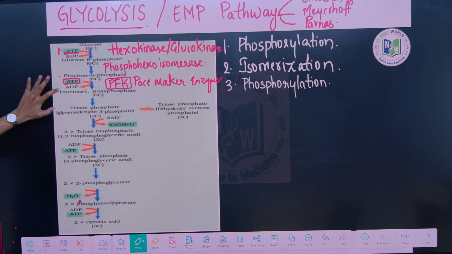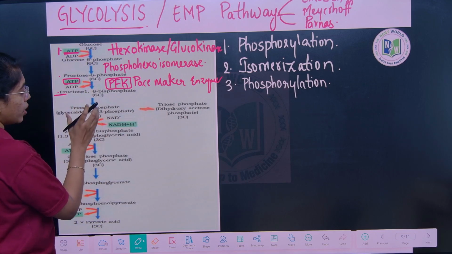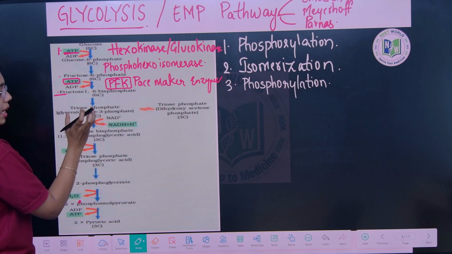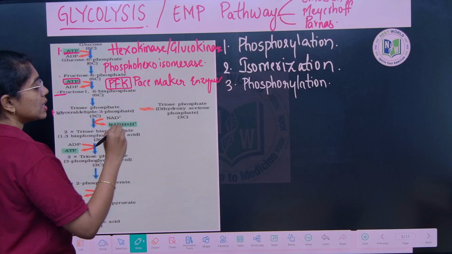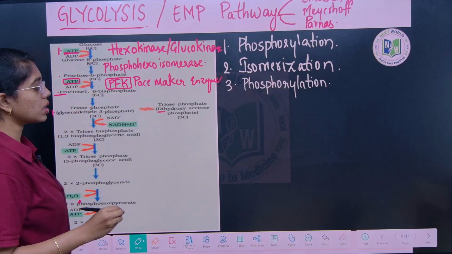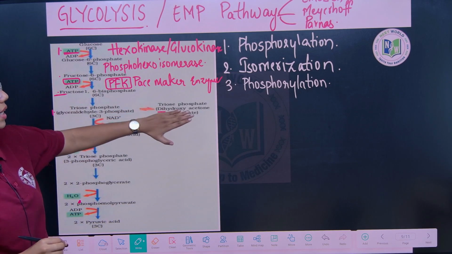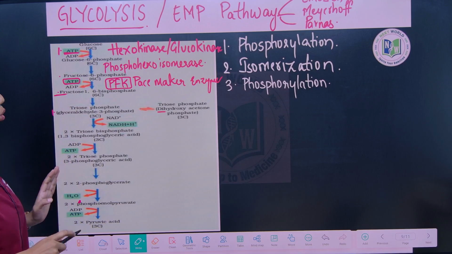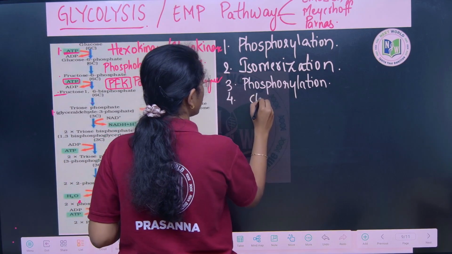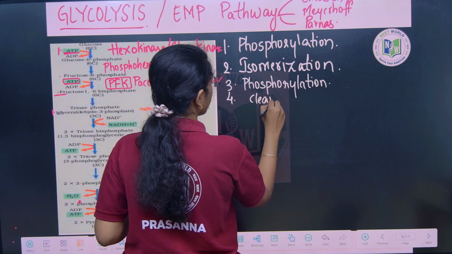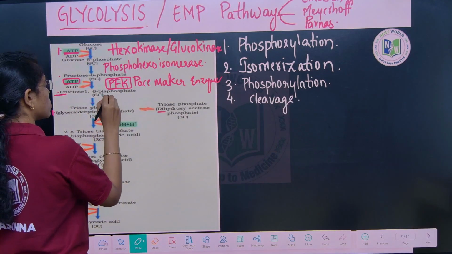Now, fructose 1,6-bisphosphate, which is 6 carbon, is cleaved into two 3-carbon molecules: one is glyceraldehyde 3-phosphate, and the second is dihydroxyacetone phosphate. So the fourth step is known as cleavage, which is catalyzed by the enzyme aldolase.